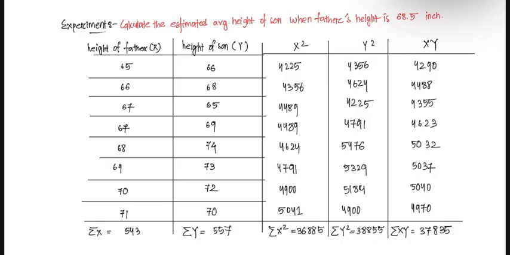This is the calculation we have done, and you may verify it using the calculator. So, moving forward, n times the sum of xi, n here is 8, multiplied by 37835.